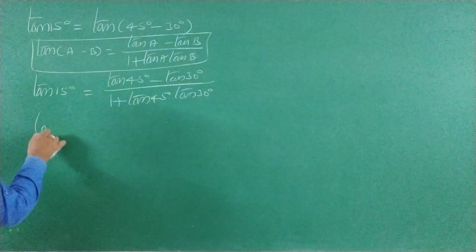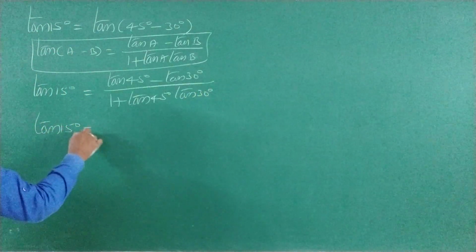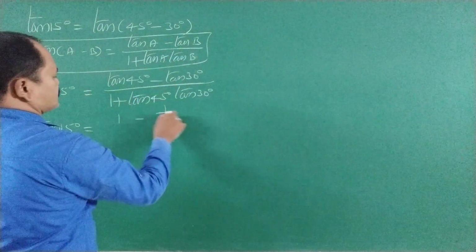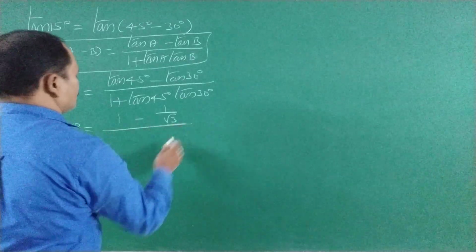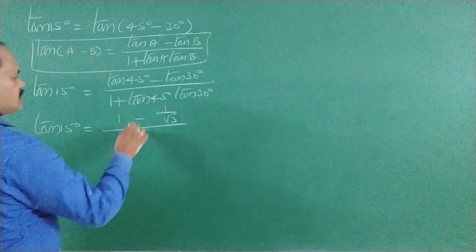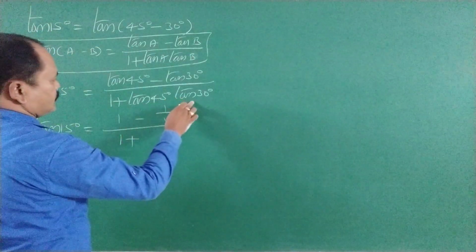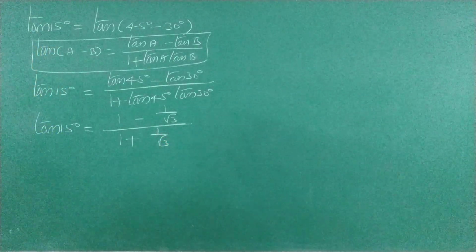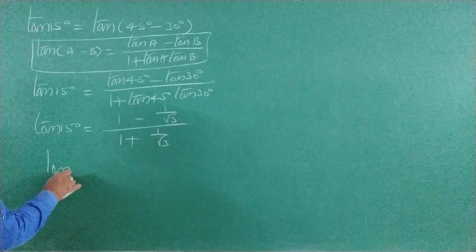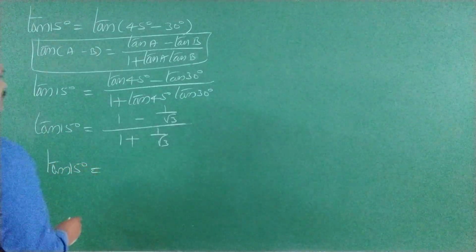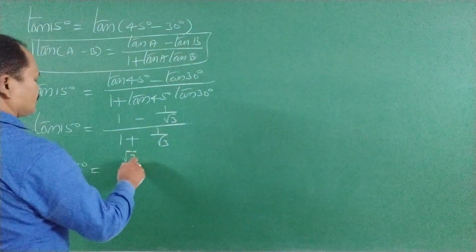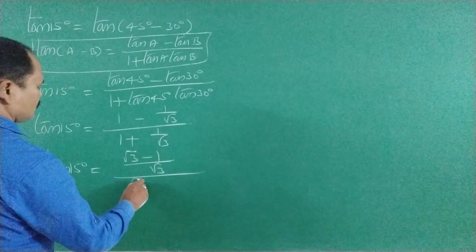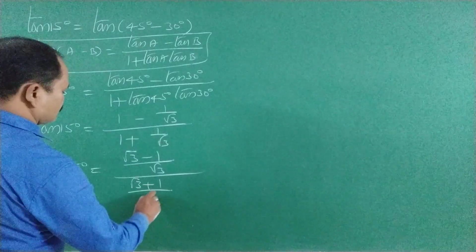Now tan 15 degrees is equal to, tan 45 is 1, tan 30 is 1 by root 3, whole by 1 plus tan 45 is 1 into 1 by root 3. Now we have to take LCM. So tan 15 degrees is equal to (root 3 minus 1) by root 3 whole by (root 3 plus 1) by root 3.